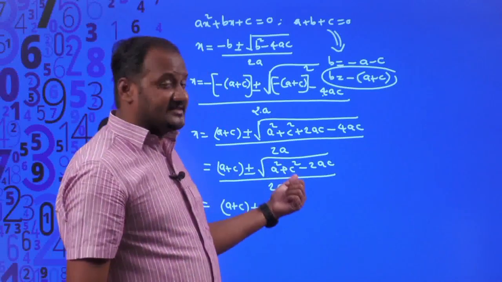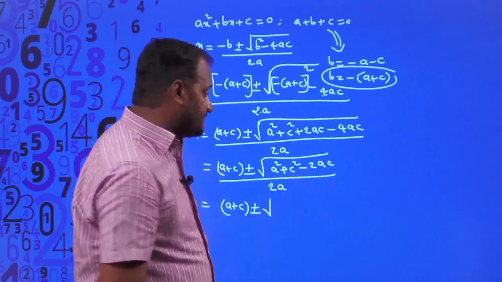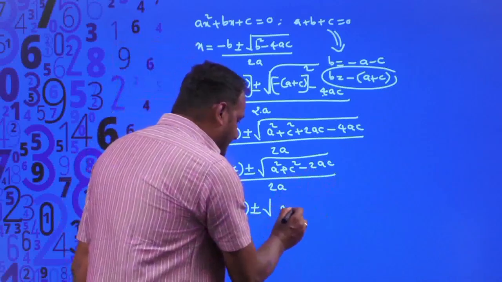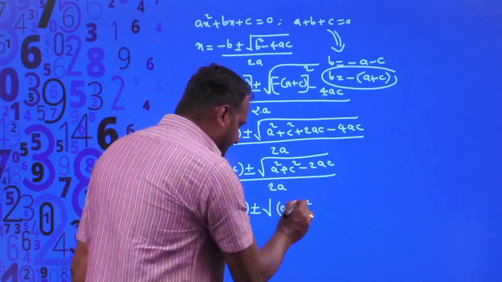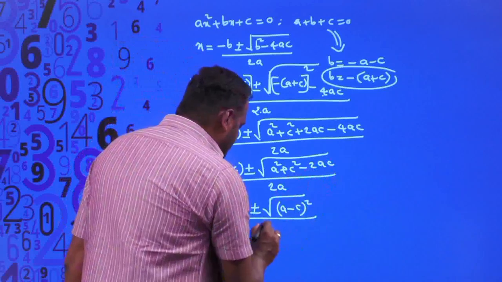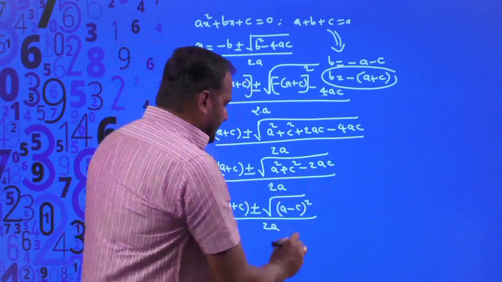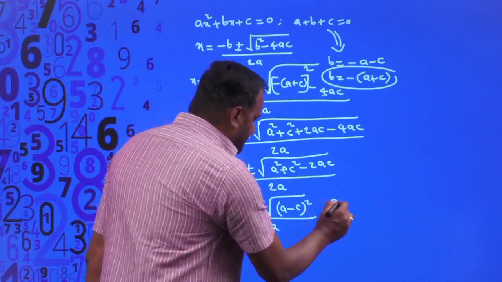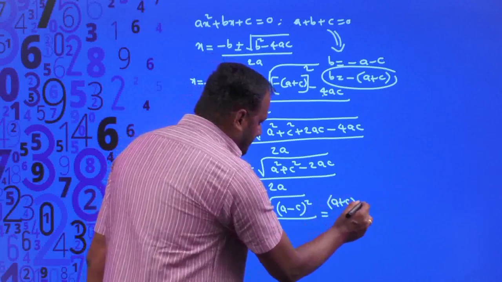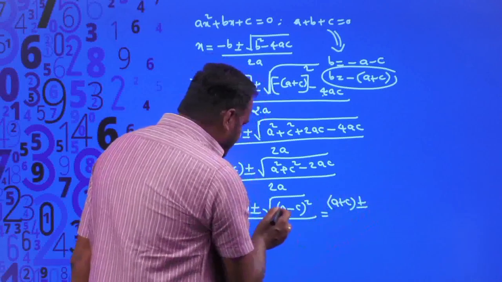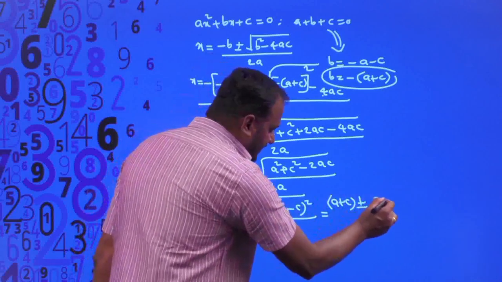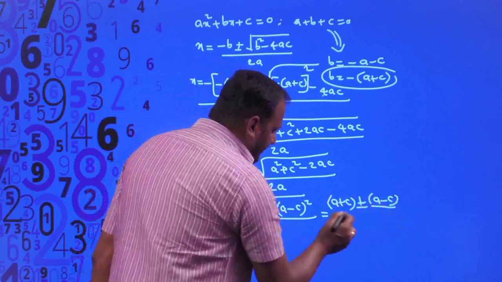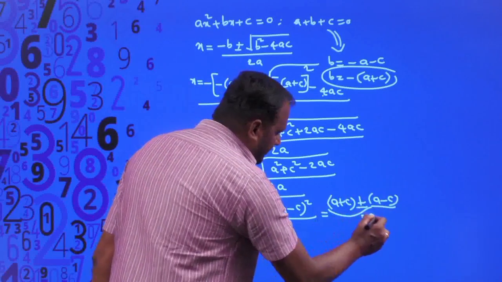A square plus c square minus 2ac is the expansion of a minus c whole square, whole divided by 2 into a is 2a, which can be written as a plus c plus or minus square root gets cancelled, remaining a minus c, whole divided by 2a.